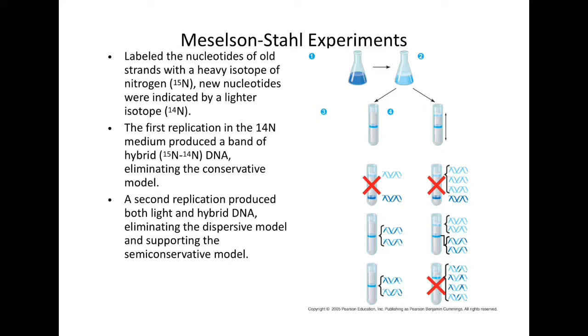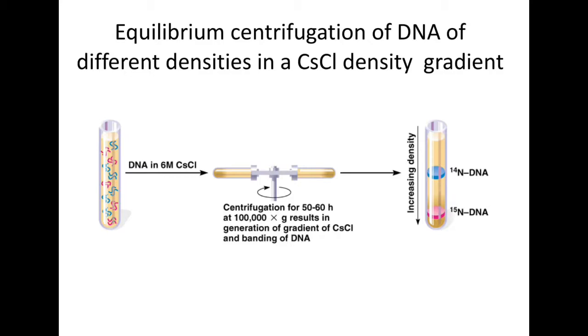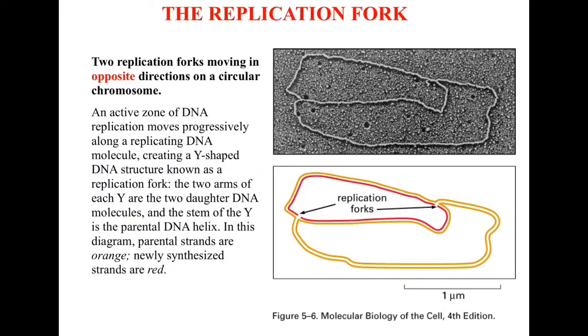So when extracting the DNA from the cesium chloride gradient and centrifuging at a high speed, at 1 lakh RPM for 50 to 60 hours, we can see either pure N15 or N14, and when transferring from N15 to N14 we see the hybrid strand of N15 and N14. That indicates that the DNA synthesis takes place in a semi-conservative manner.